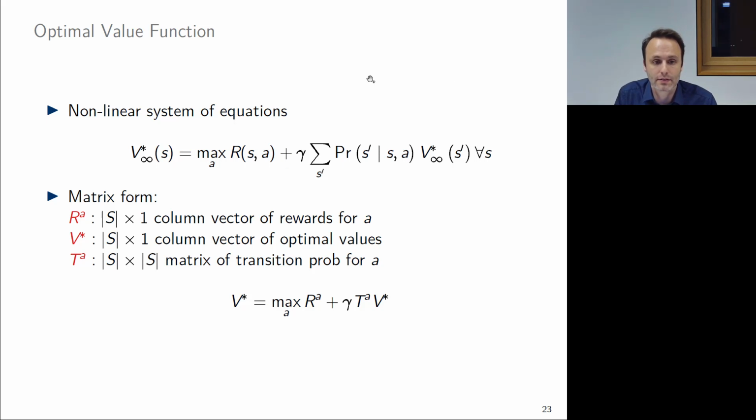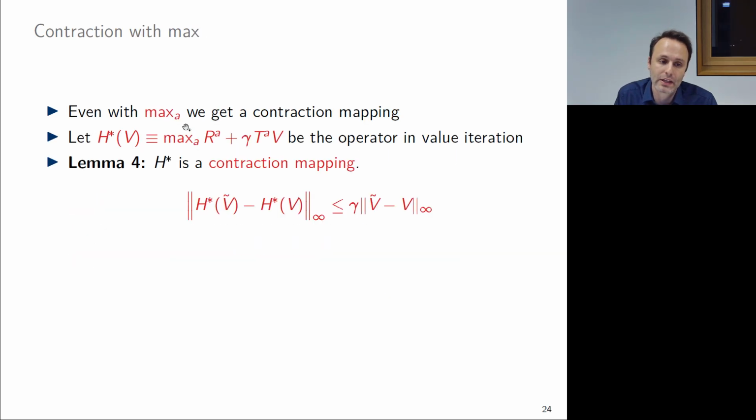Now we have a nonlinear system of equations, and we need to solve that, which requires a little bit more thought again. So we can write this in matrix form like before, and even with the max we can get the contraction mapping, so that's the good news. So we have here the new definition of the policy evaluation operator at the optimum, with a max here.